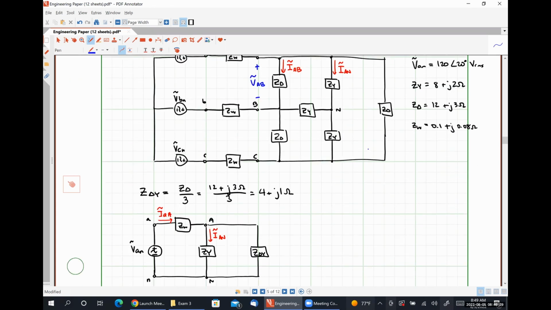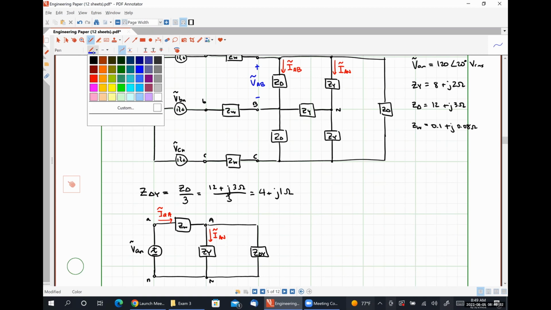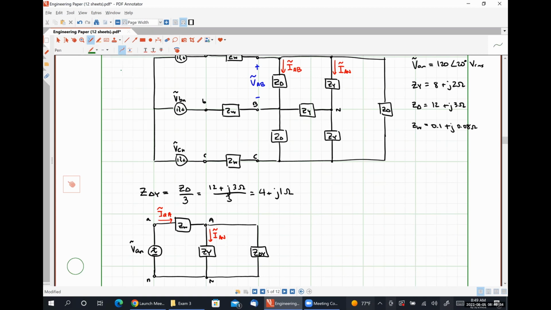So we could say that the voltage drop over ZY is simply VAN, which we can solve for using Ohm's law. And then we could perform a transformation on our phase voltage VAN to make it a line voltage VAB.